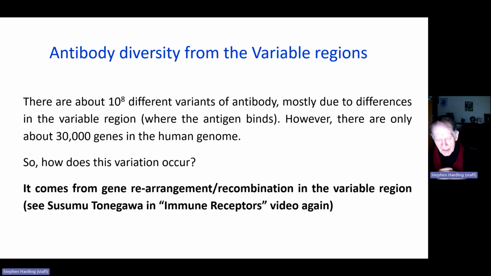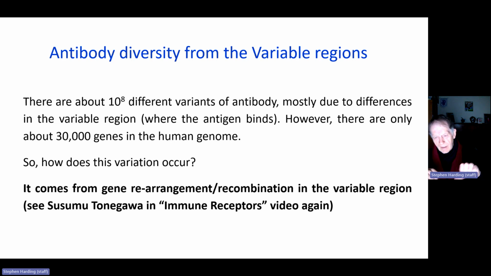And his description in terms of gene rearrangement and recombination was against that dogma, but his experiments proved that's what happened in terms of the coding of the variable domain. And also this concept that one gene corresponds to one protein.